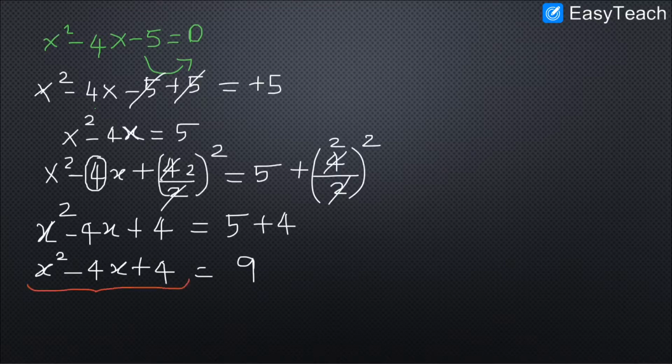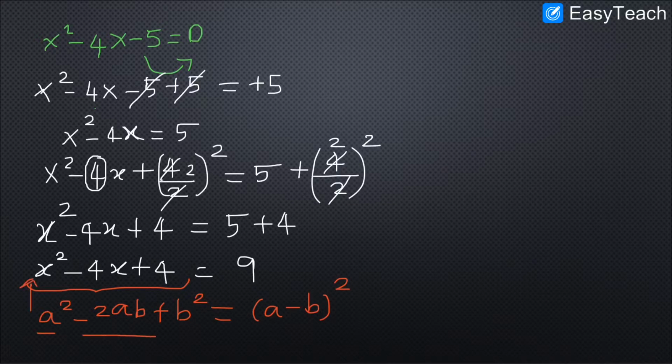And look at this, it exactly looks like a square minus 2ab plus b square, which equals a minus b the whole square format. In the place of a square we have x square. In the place of minus 2ab we have minus 4x. In the place of b square we have 4.